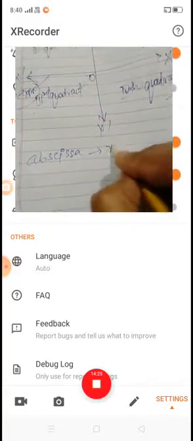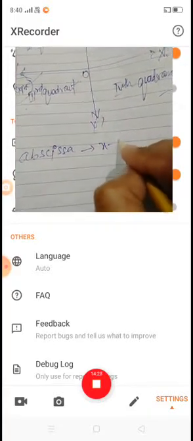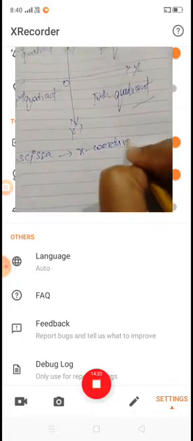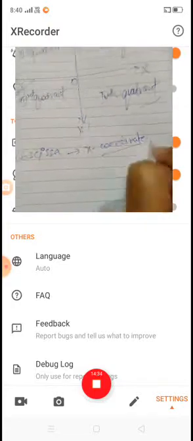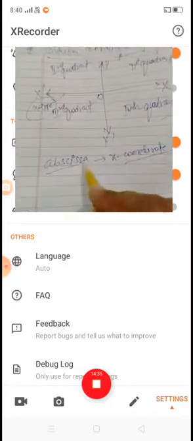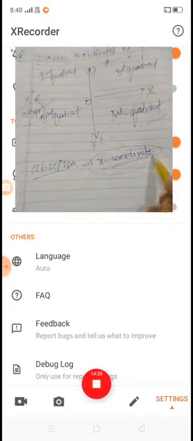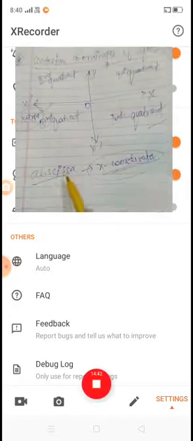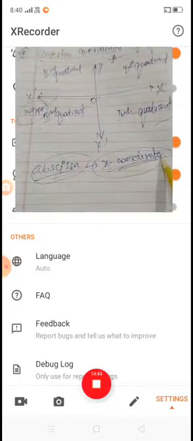Abscissa is called X coordinate. All points which lie on the line X dash O X, that is abscissa, the X coordinate.